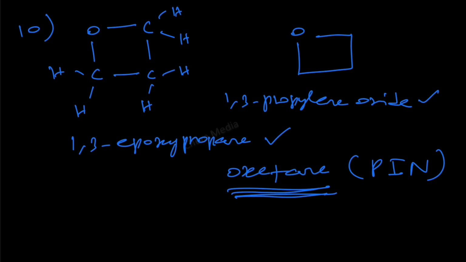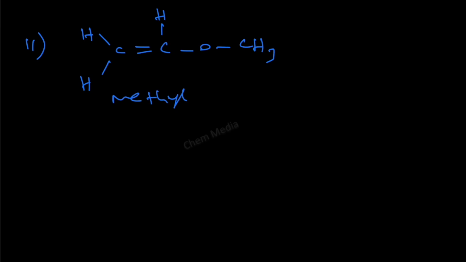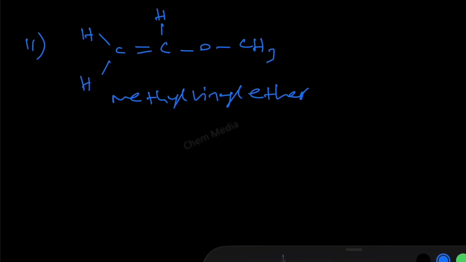Let's move to number 11. We are going to write methyl vinyl ether, that is CH2 double bond CH and then O and then CH3. So this is methyl vinyl ether. That's the common name.